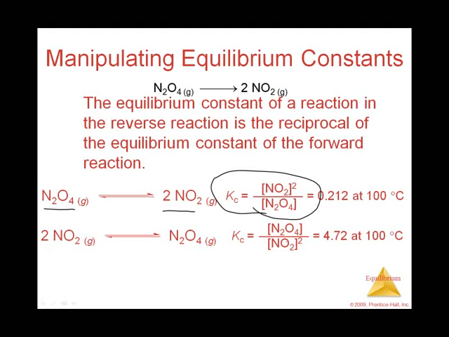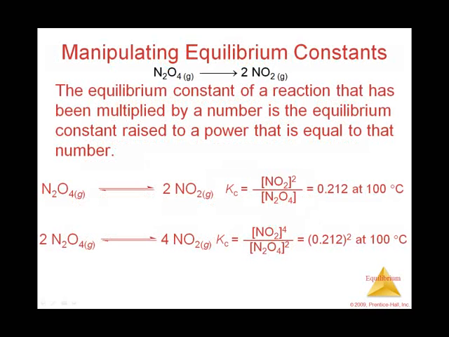Okay. The second thing is the equilibrium constant of a reaction that has been multiplied by a number is the equilibrium constant raised to a power that is equal to that number. Sounds like a mouthful. What does it mean? So here again we have the same equation, right? We write the equilibrium constant, it's products over reactants.